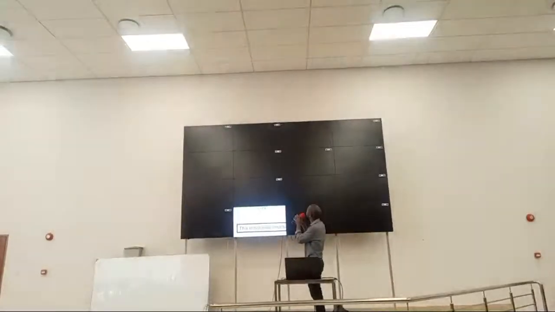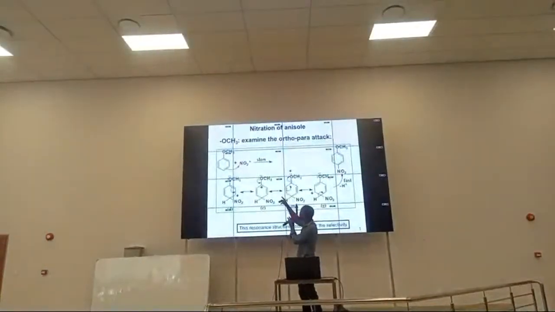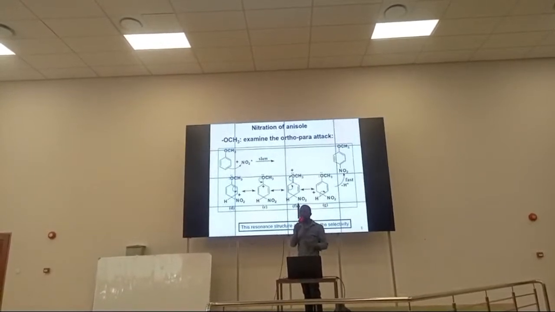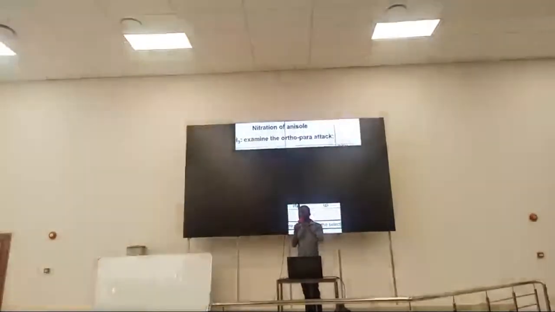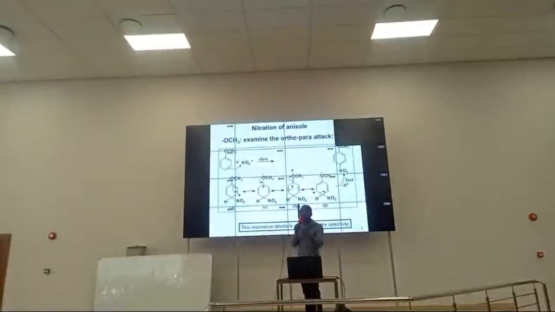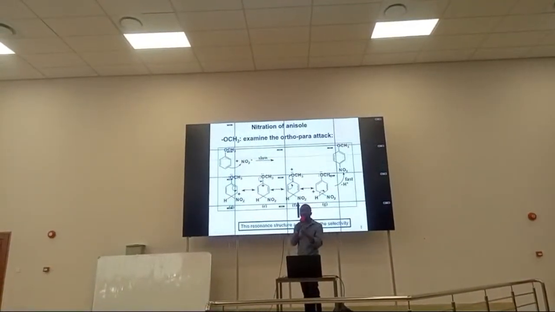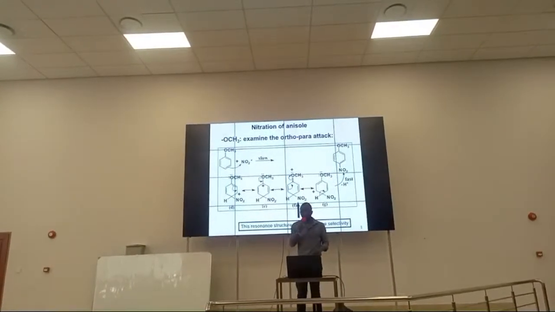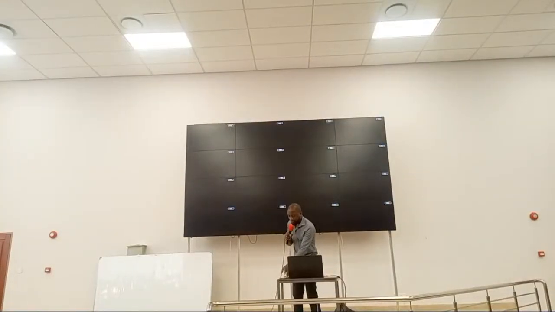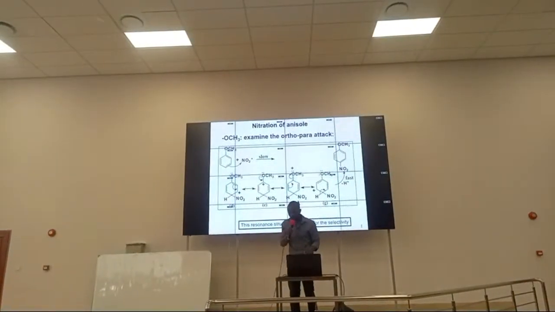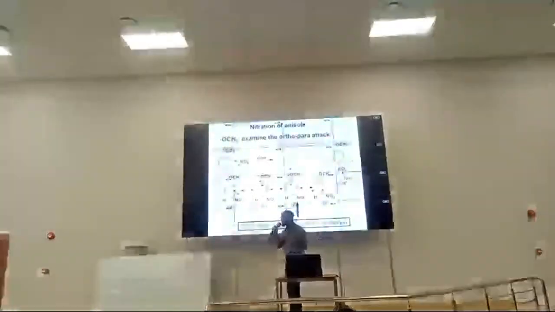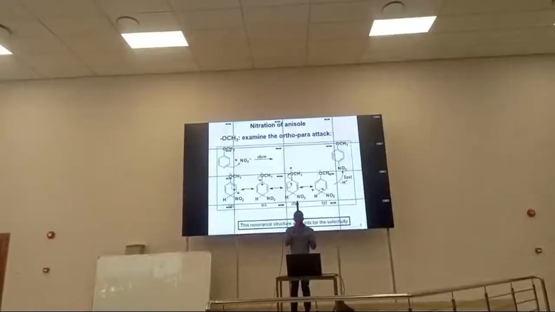If attack occurs at the ortho position, the positive charge sits directly on the carbon atom connected to the oxygen. So immediately that oxygen can cushion that positive charge by resonance effect. But also the other pi bond can shift to that carbon in order to cushion that positive charge. So, unless I'm mistaken, you are going to get 4 resonance structures for this one also.